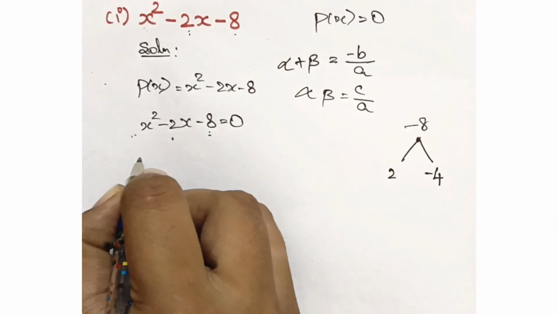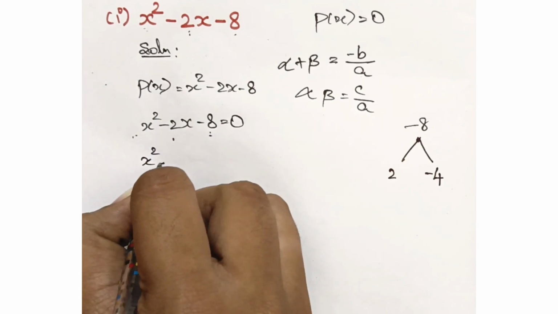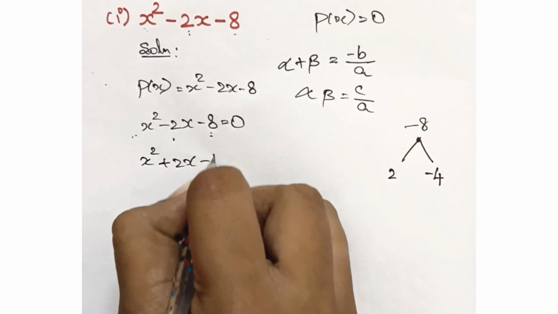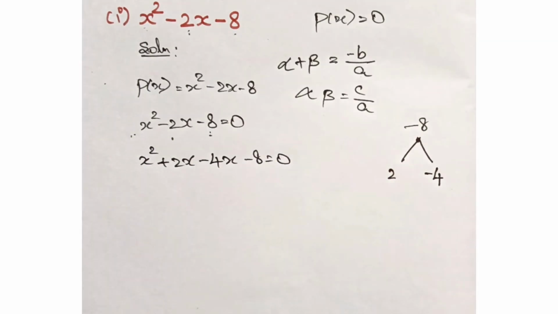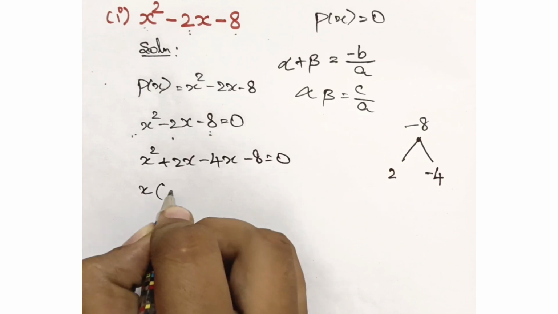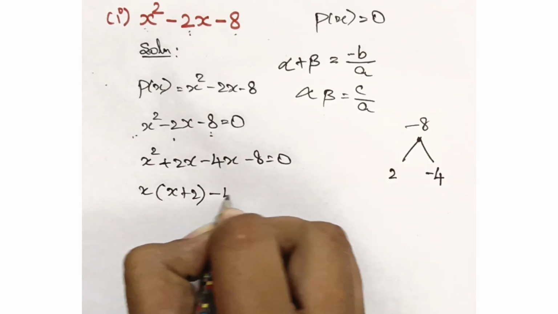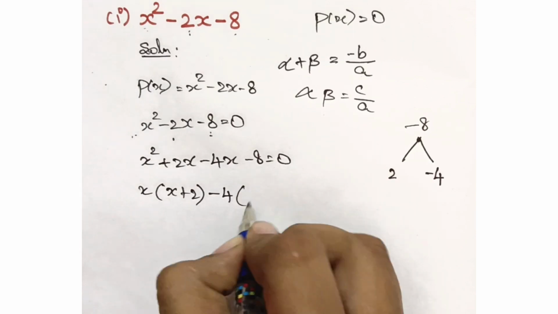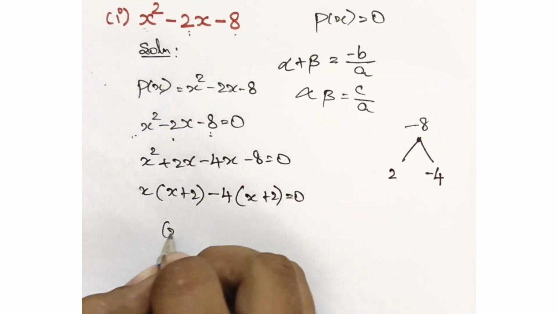So, split the middle term: minus 2x into plus 2x minus 4x equal to 0. Take x common in the first two terms, x plus 2, and minus 4 in the next two terms, x plus 2 equal to 0. So x plus 2 is common.